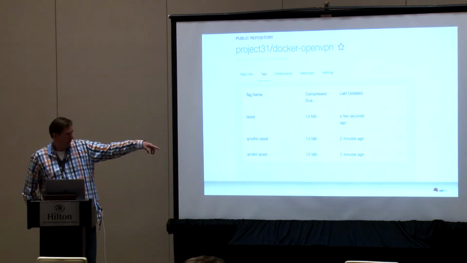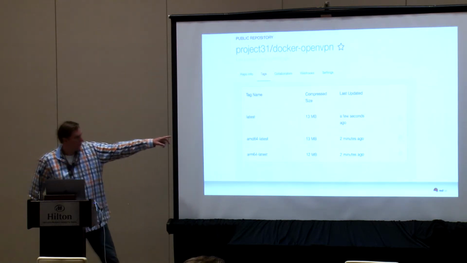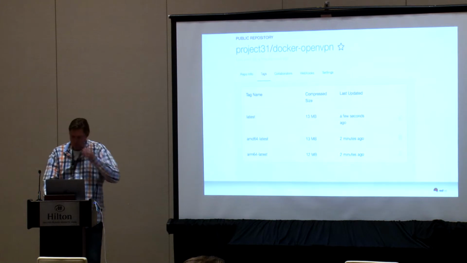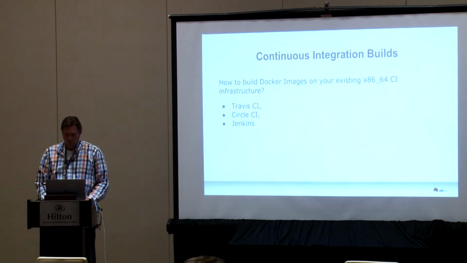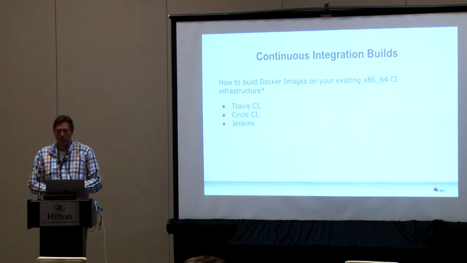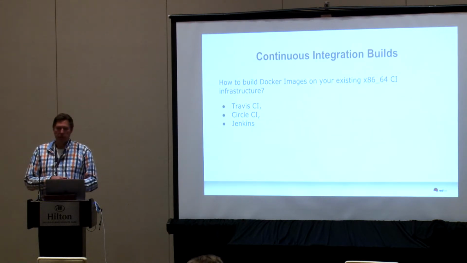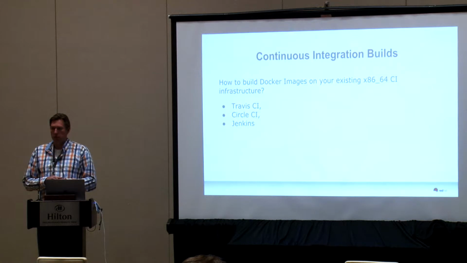So those are the tags, and then this latest one, this is the manifest. All right, so what I have in a company, we use CI to build our images. So every time I do a pull request in my project, it knows to go build Docker containers for me.